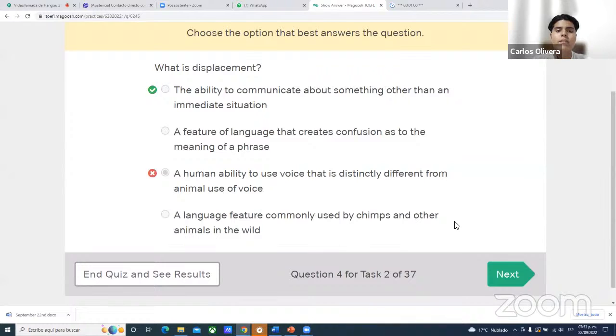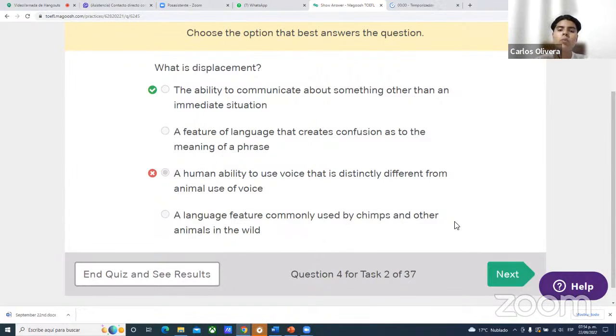What about this one? What is displacement? This is something that the professor mentions very clearly: the ability to communicate about something other than an immediate situation. She expresses this with the illustration that chimpanzees do not manage to say anything apart from their immediate reality, something like give me that, or don't do that, or please stop.